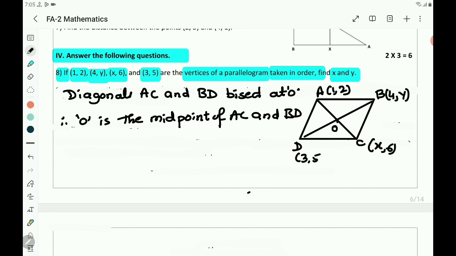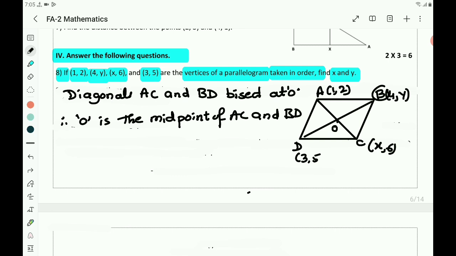So here you find the coordinates of the point O by using the points A and C, and the same coordinates become the coordinates of the midpoint of the diagonal BD.